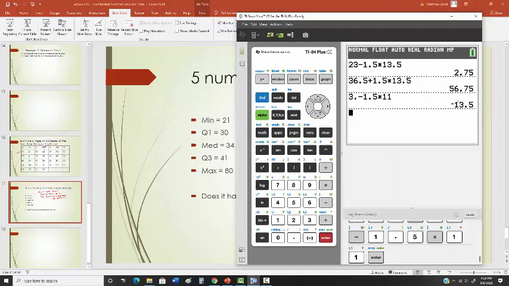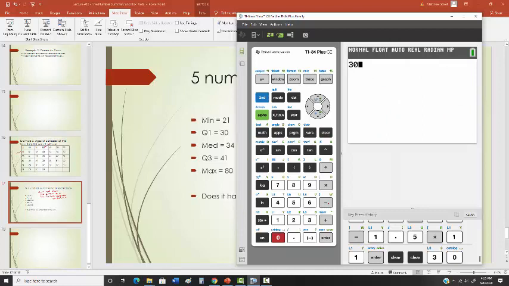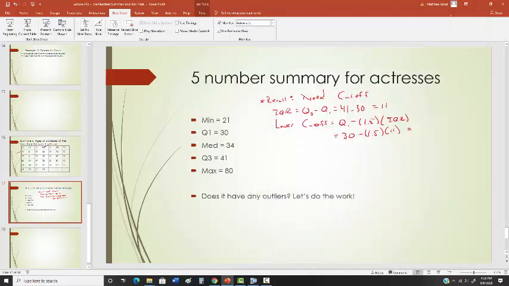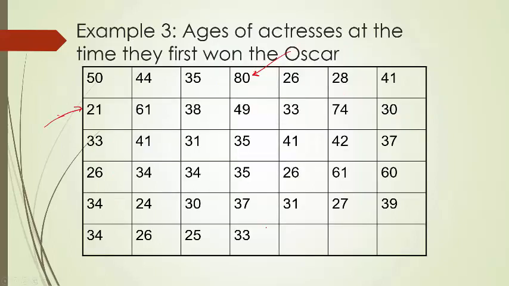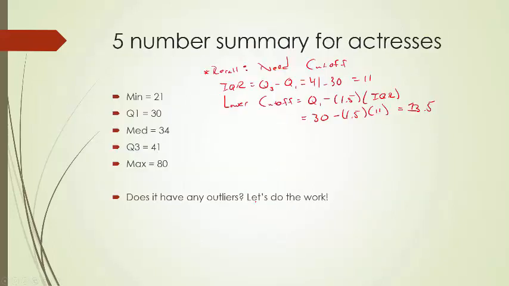Oh, sorry, it's 30 minus 1.5 times that IQR, which is 11, which is 13.5. Forgive me there. Okay, so that means any value below 13.5 is an outlier. Well, if you look back here, there's no age younger than that, so there's no lower outlier.